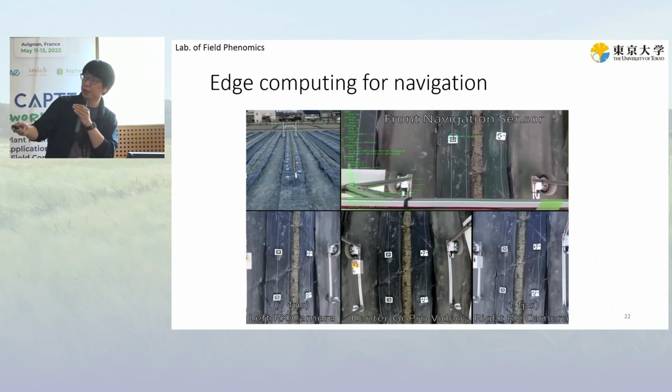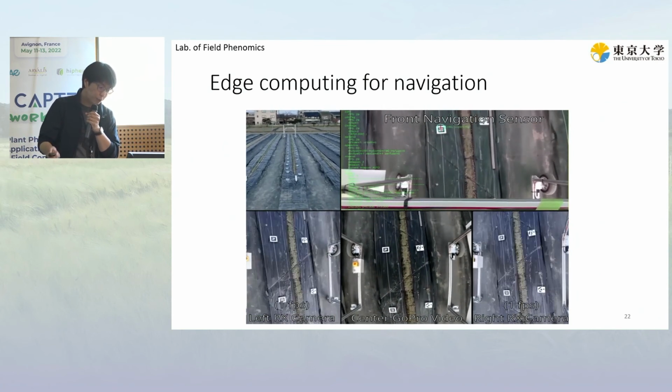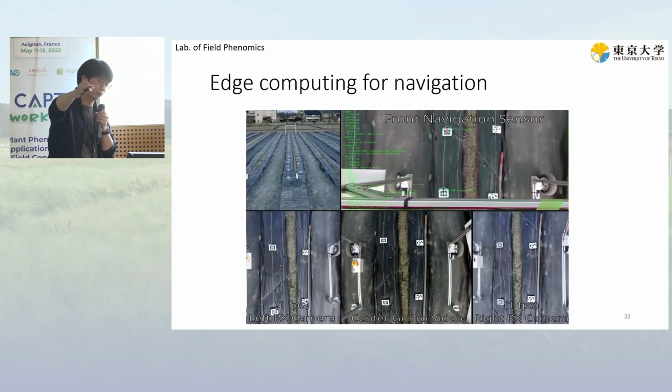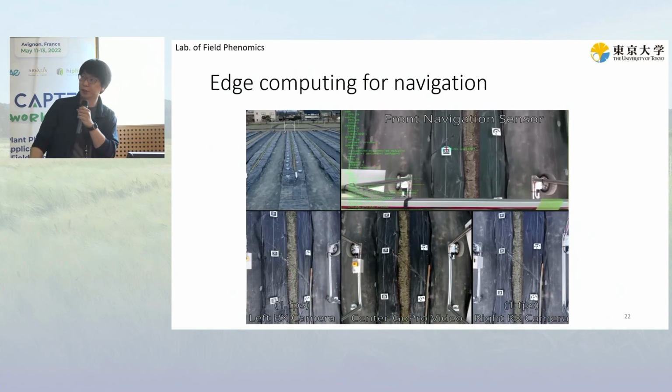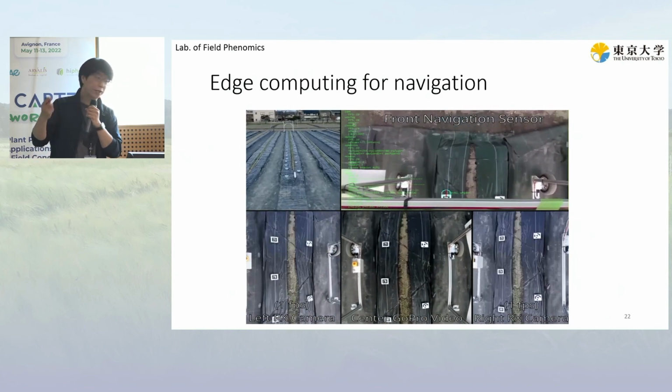We do run this thing like this, so it works well. But you still have to operate them when you want to cross the block. So this is the thing that we do for the navigation part.